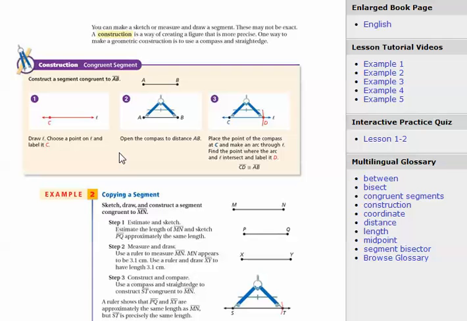Hopefully you have some of these tools at home, like a basic ruler. A compass, for example, is worthwhile to have. You can read through these to see how to do the constructions. If you have questions, make sure you let me know.